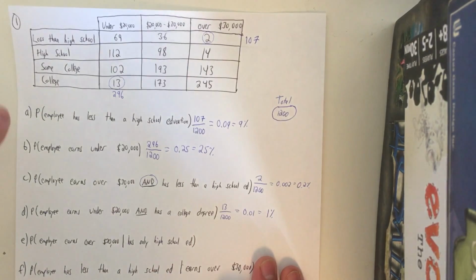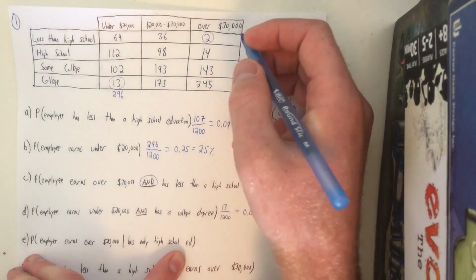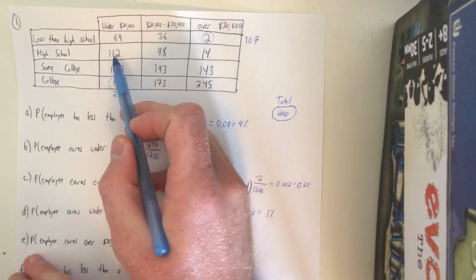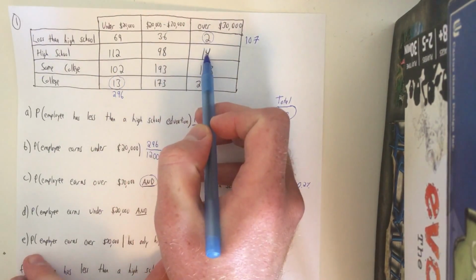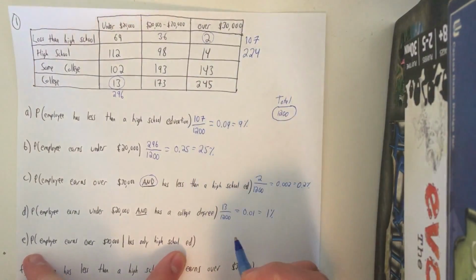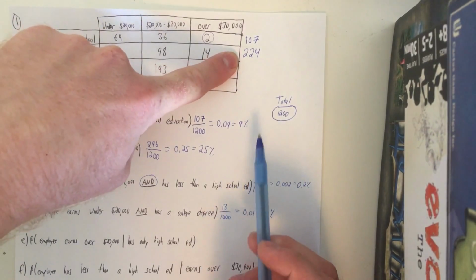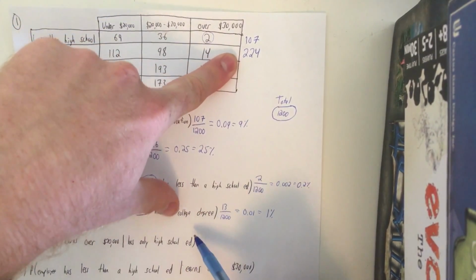So in this case, we only look at the high school education. That's our given. So again, we're going to want to total that up. Our 112 plus 98 plus 14 gives us 224 employees that we're working with. 224 employees have only a high school education.